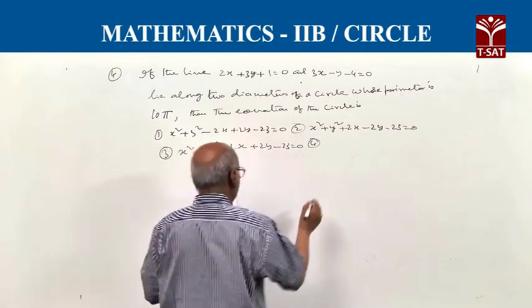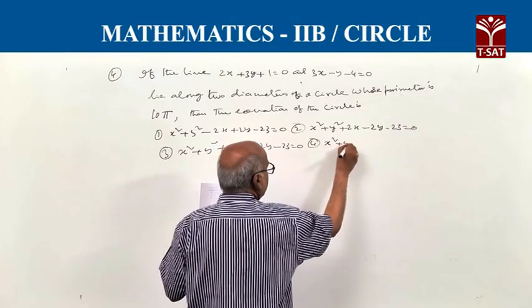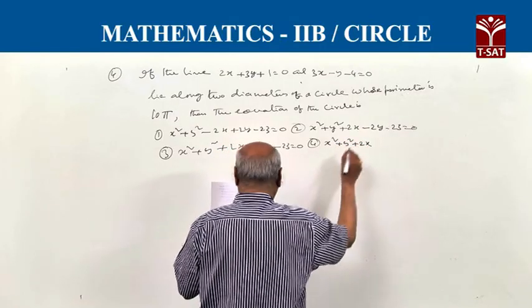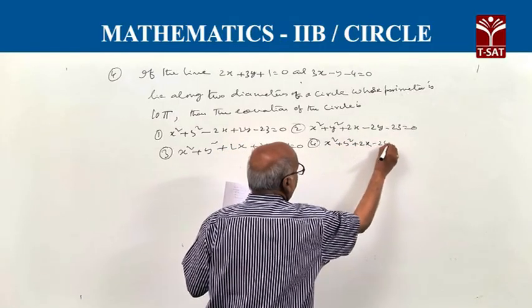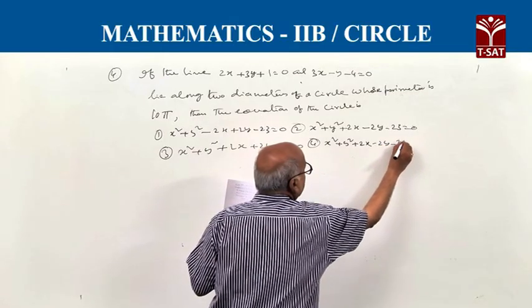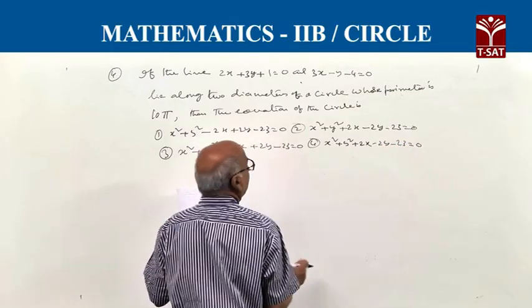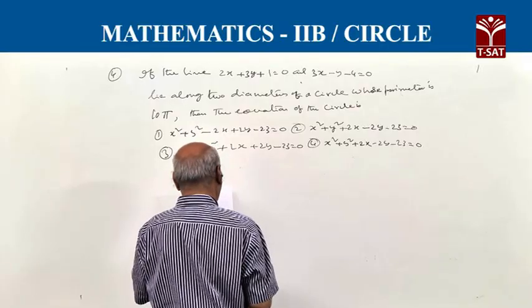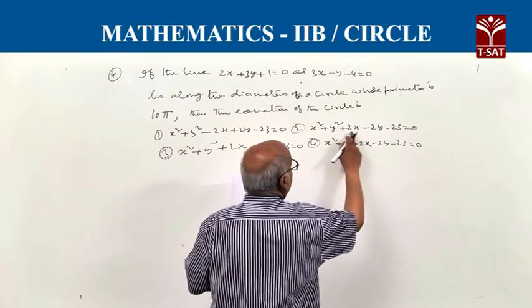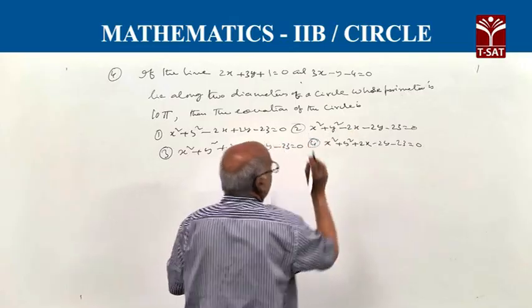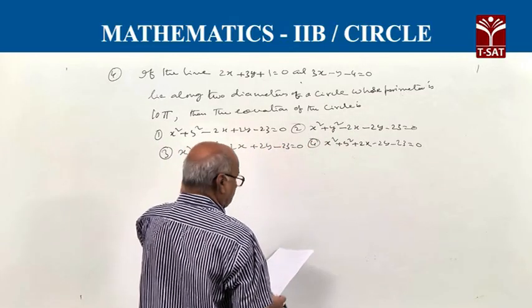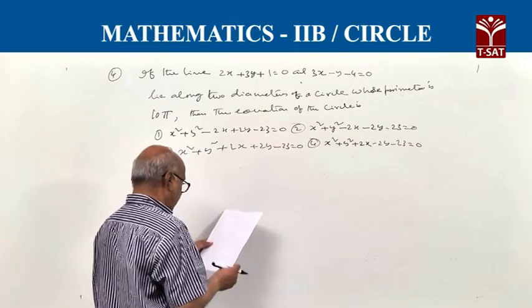Number 4, x square plus y square plus 2x minus 2y minus 23 is equal to 0. So, that is the problem.